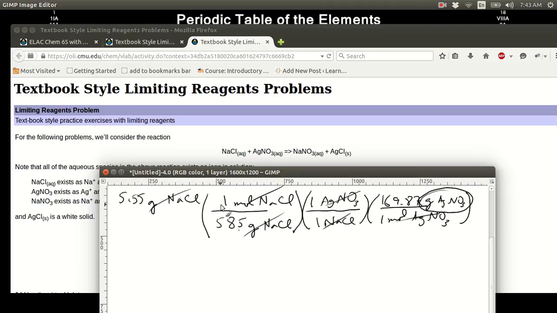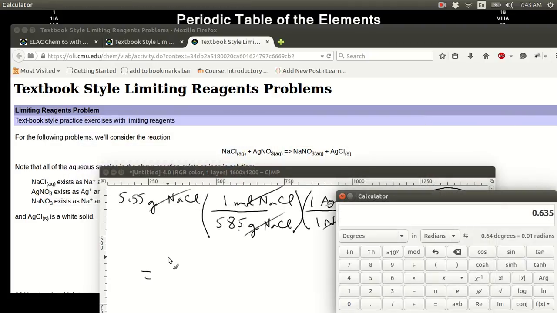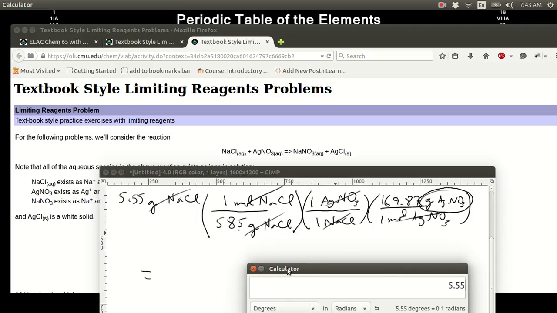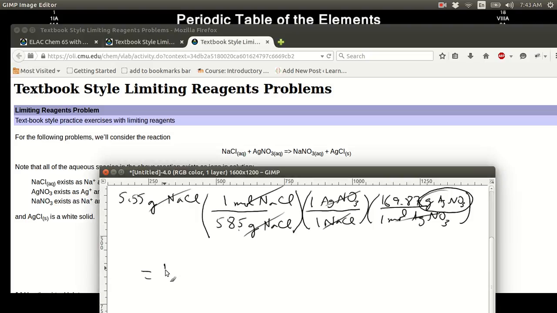You see what I mean? So I can do the calculation now. There we are. So I have 16.1 grams of silver nitrate.